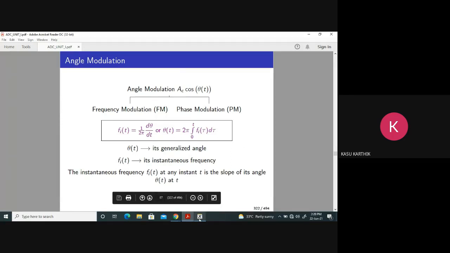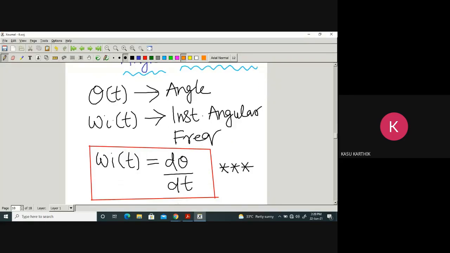Now here, omega I of t is called instantaneous angular frequency. Obviously, there is a difference between f and omega, right? F is frequency, omega is angular frequency. So Fi of t is the instantaneous frequency in hertz. Omega I of t is the instantaneous angular frequency.